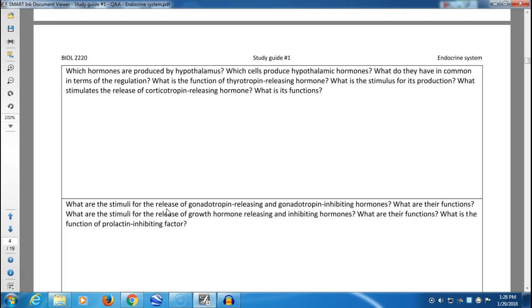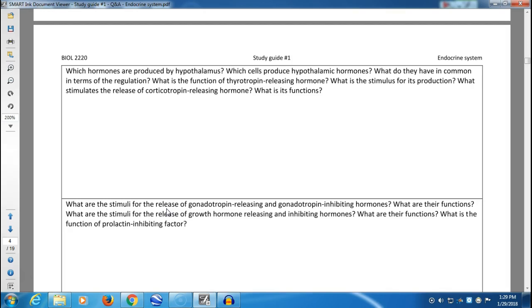Thyrotropin releasing hormone, corticotropin releasing hormone, growth hormone releasing hormone, growth hormone inhibiting hormone, gonadotropin releasing and gonadotropin inhibiting hormones, prolactin inhibiting factor.